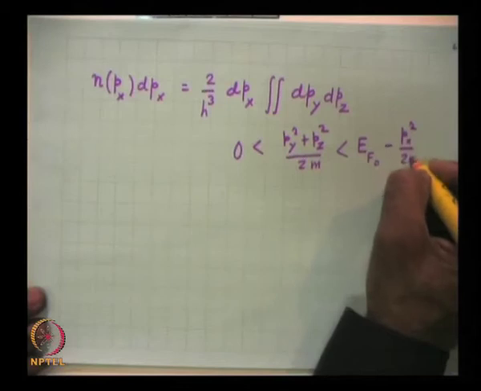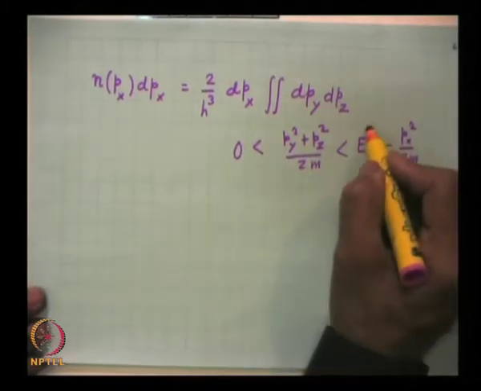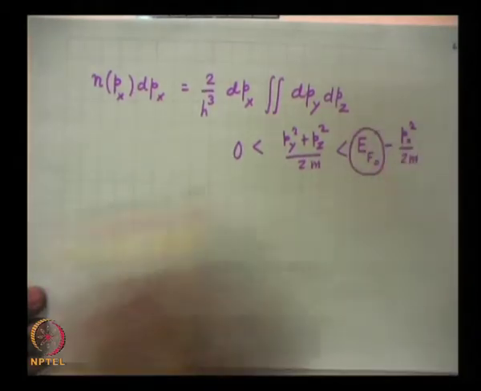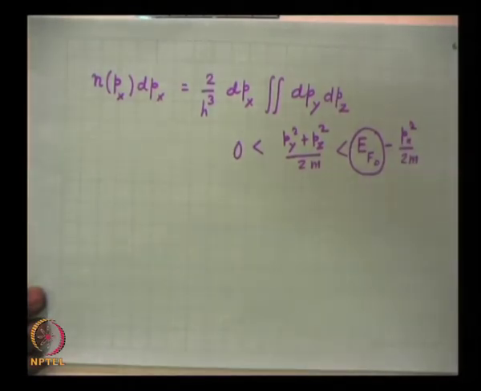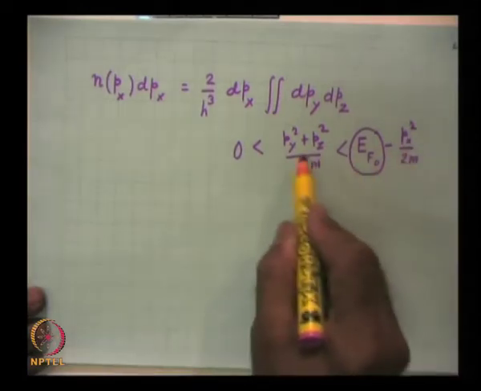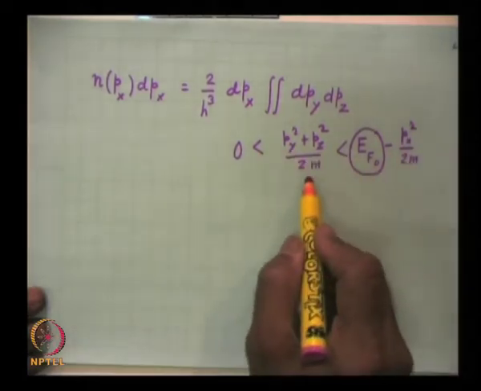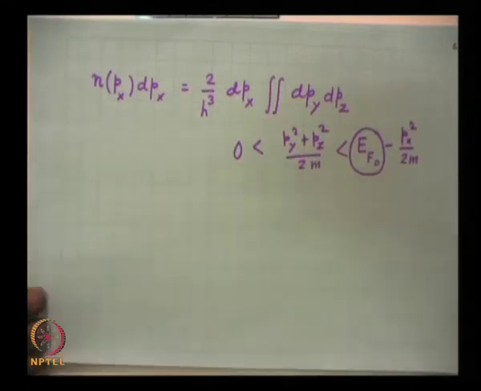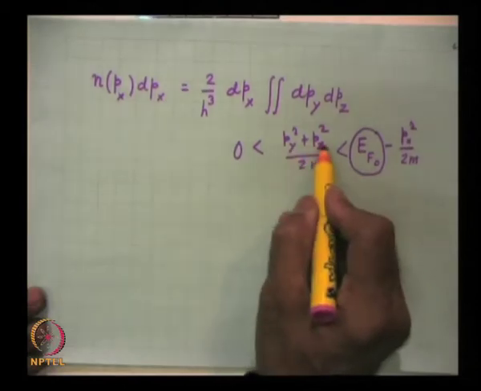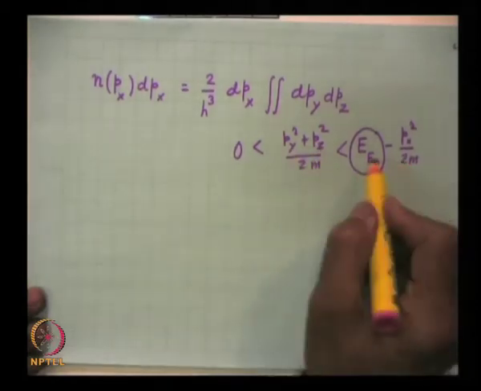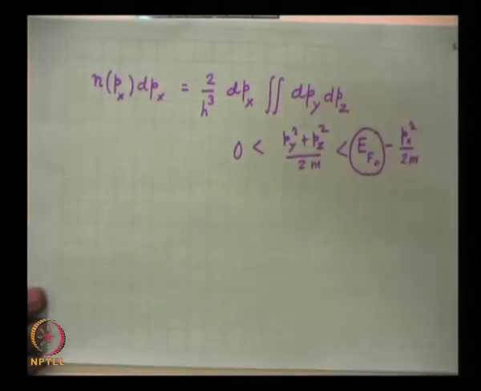You see, E f naught is the maximum energy of the electron, and p x square plus p y square plus p z square by 2 m is the total energy of the electron. So, the maximum value of p y square plus p z square by 2 m will be E f naught minus this.